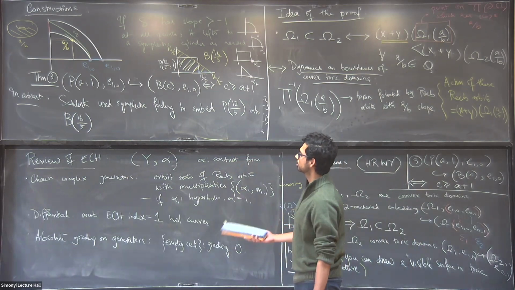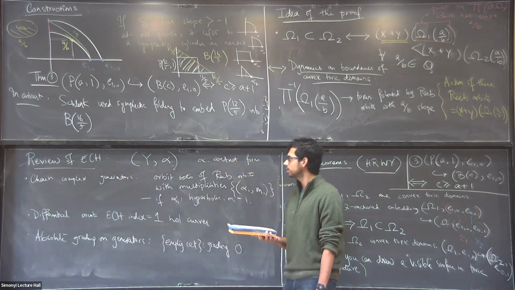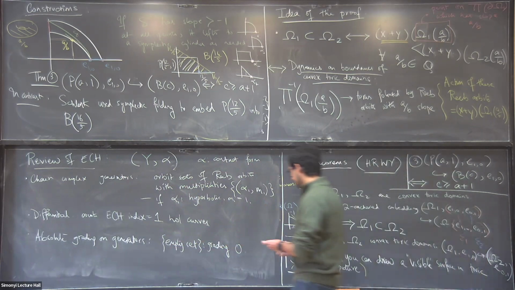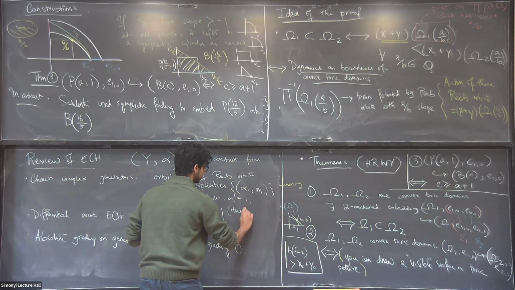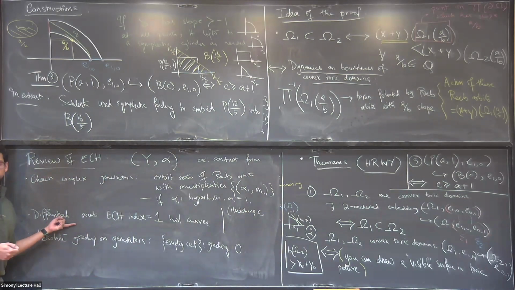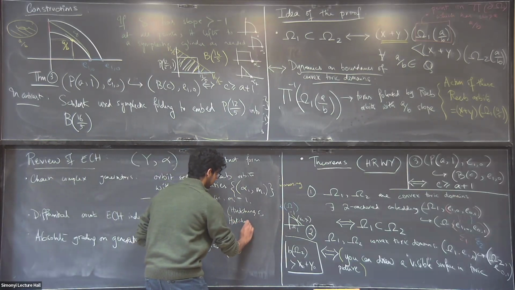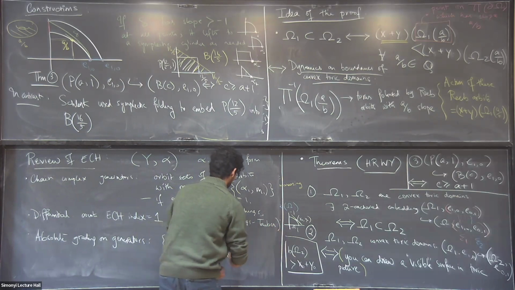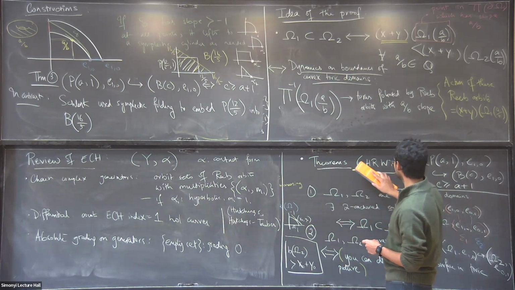That's the chain complex. The homology of this chain complex is ECH. It's a diffeomorphism invariant of the 3-manifold. This was defined by Hutchings, and the fact that the differential actually squares to 0 was shown by Hutchings and Taubes.